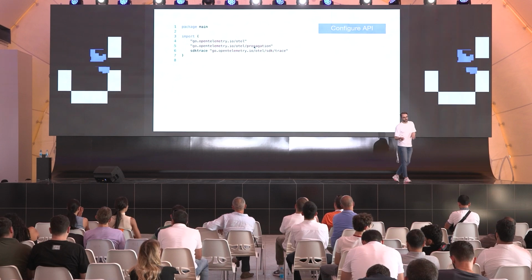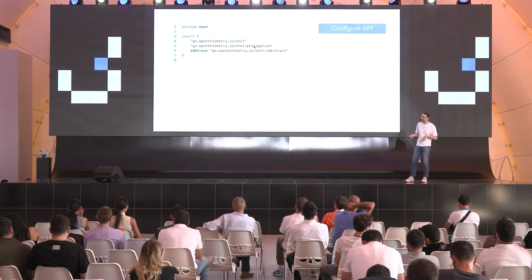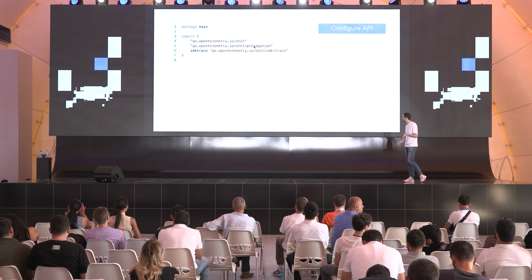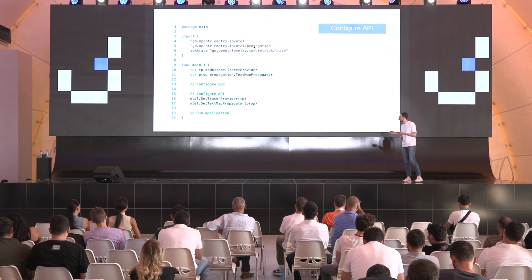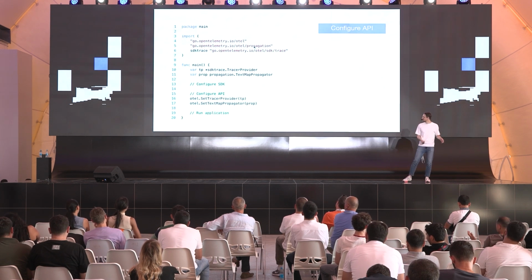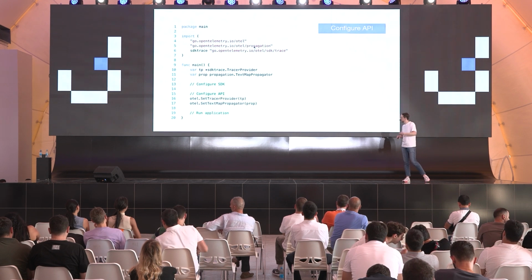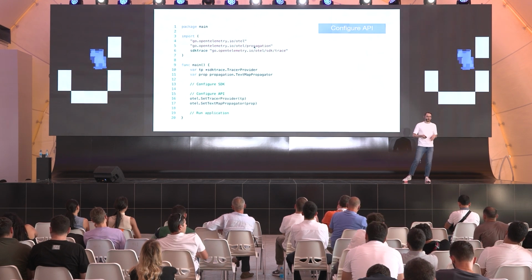So the first step is to import APIs and SDKs. Done. The second one is to configure the API. Here on the line numbers 16 and 17, we are configuring the tracer provider and text map propagator. Great.